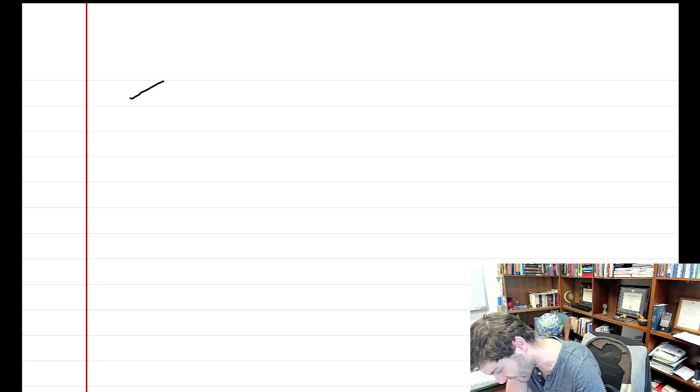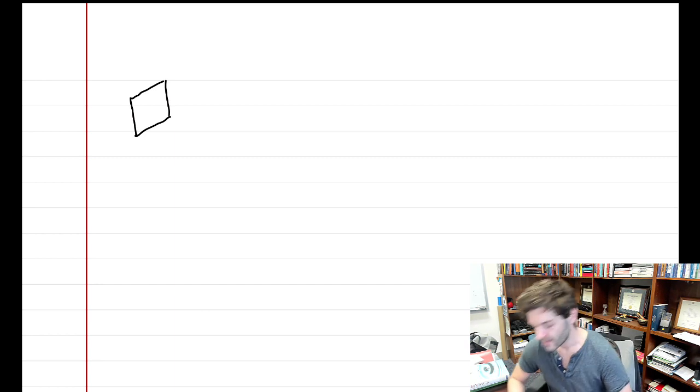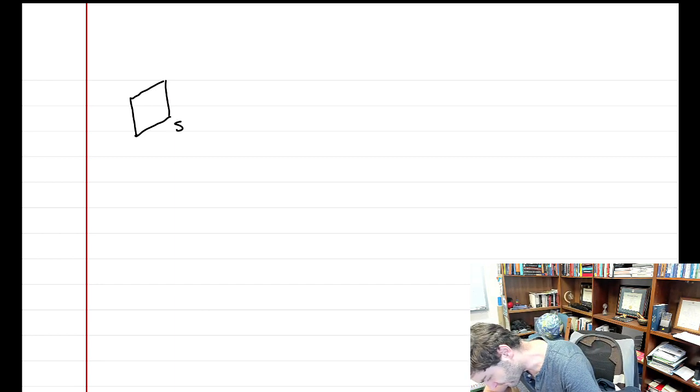So this is how the previous lecture might have defined electric flux. Let me define it in the way I think makes sense to me. So consider an area. It doesn't really have to even be small.